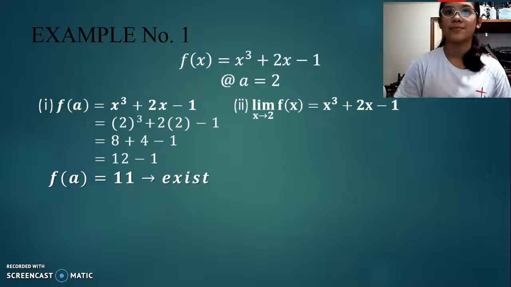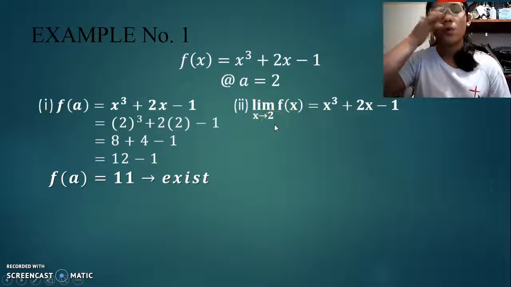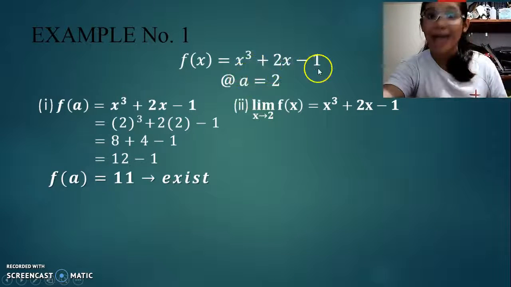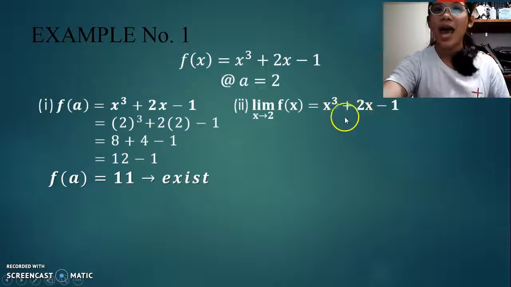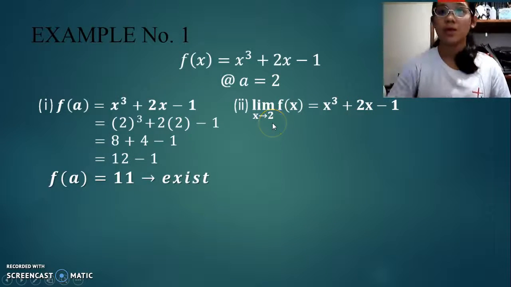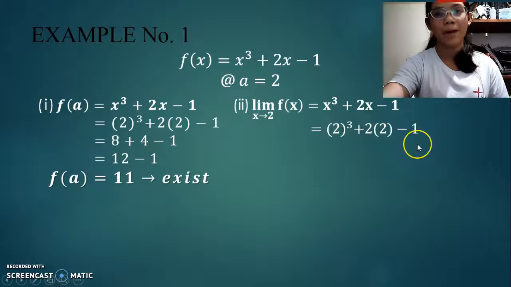Now that we have our f of a, we will solve for condition number 2. The limit of the function of x, where x is approaching 2. We would still use this equation, x cubed plus 2x minus 1, and since x is approaching 2, we substitute 2. So we have 2 cubed plus 2 times 2 minus 1.